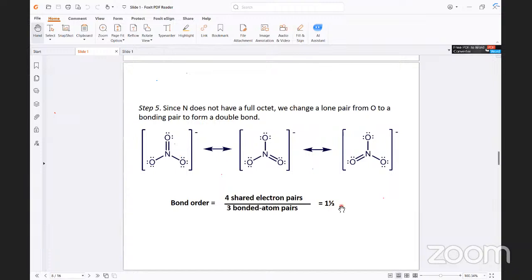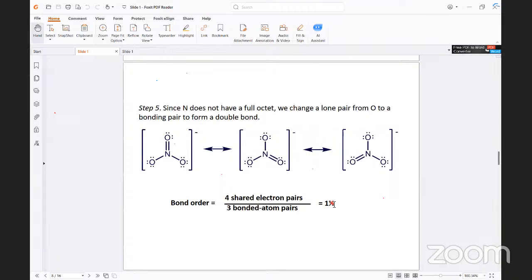So the bond order of this is 1 1/3, which means that it has 1/3 extra of the bond strength of 1.